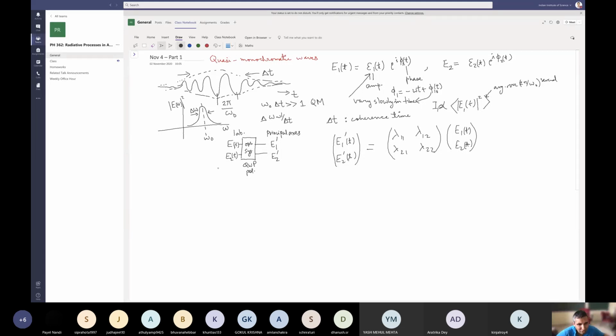So if you have a linearly polarized light incident, meaning E2 is 0 and E1 is non-zero, for example, then the quarter wave plate will convert linearly polarized light into circularly polarized light by introducing a phase of pi by 2. Similarly, a polarizer will only produce electric field along a certain axis. So all these are linear operations. Okay, good. So everyone has taken some basic optics course.